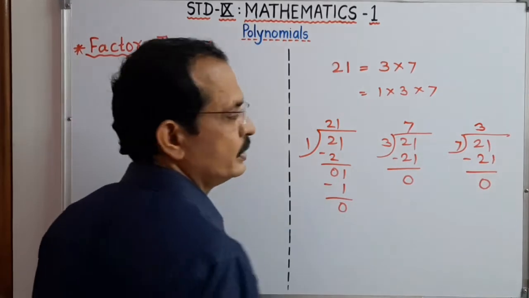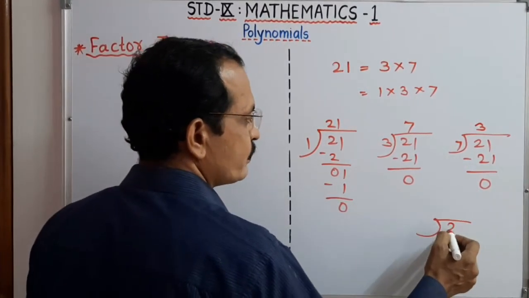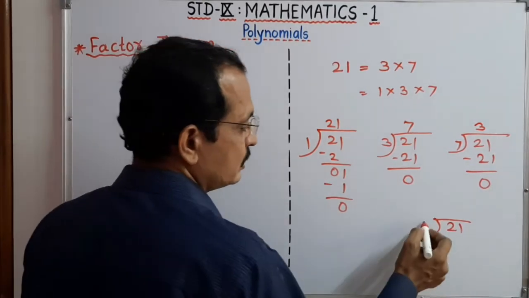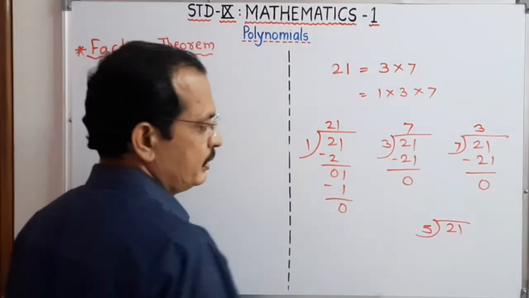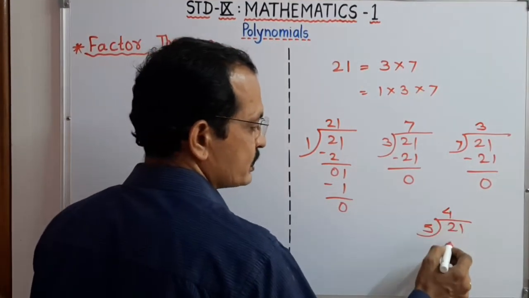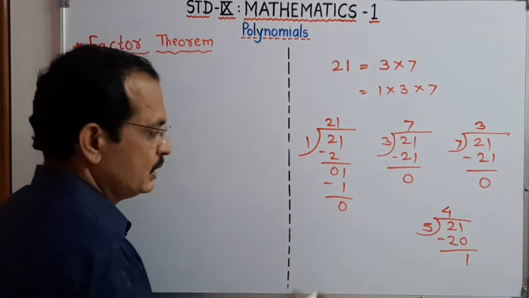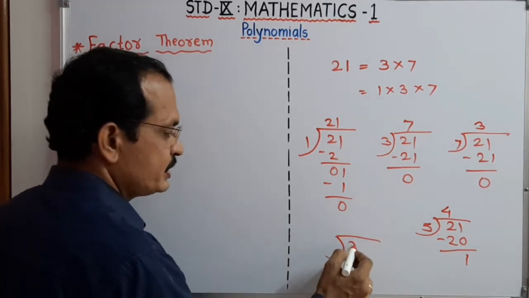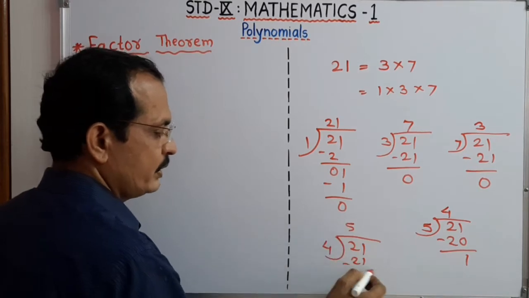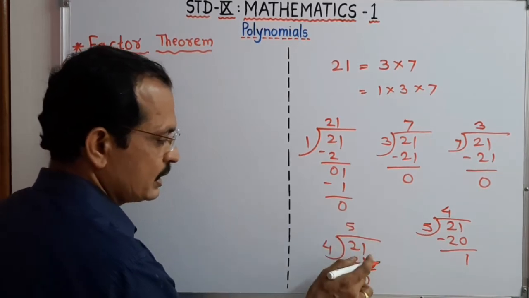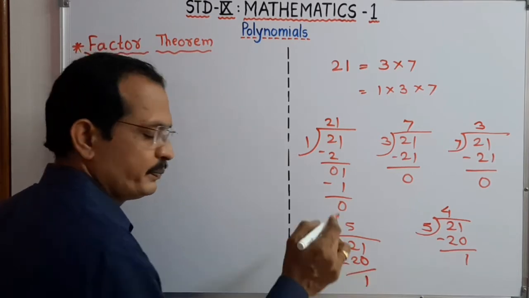It is 0. Now dear students, suppose I divide this 21 by 5. Then 5 4s are 20 and here it is 1. Suppose I divide this 21 by 4. 4 5s are 20 and here it is 1.